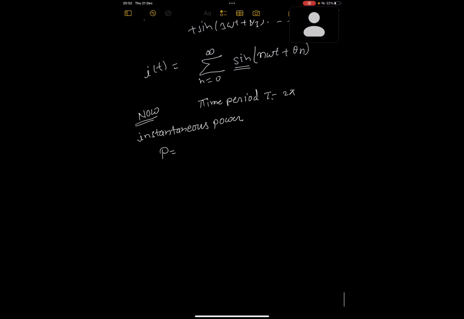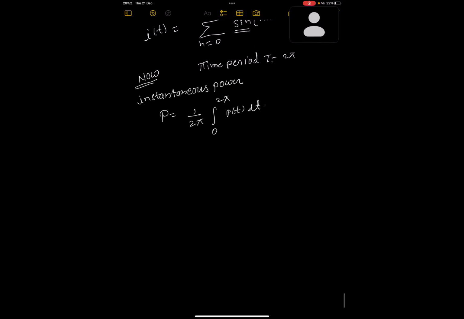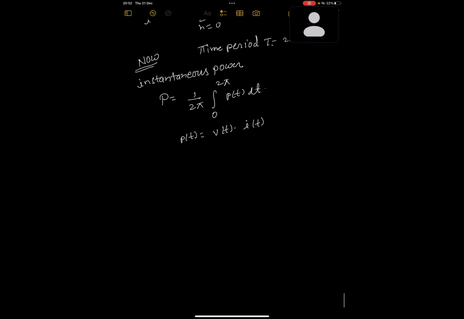So this will become 1 by 2 pi, limit 0 to 2 pi, p(t) dt. Okay. p(t) is nothing but v(t) into i(t). So P equal to 1 by 2 pi, limit 0 to 2 pi.